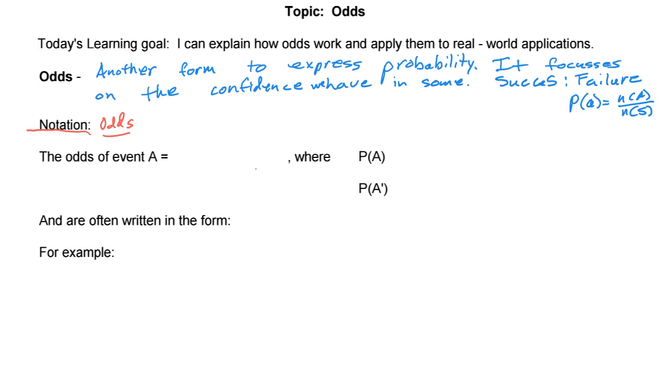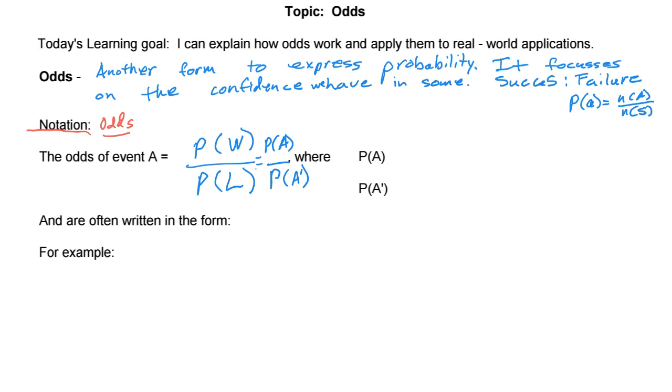We're literally taking the ratio of the probability of what we want, let's call it a win, divided by the probability of what we lose. You could also look at it as the probability of A divided by the probability of A's complement, right?